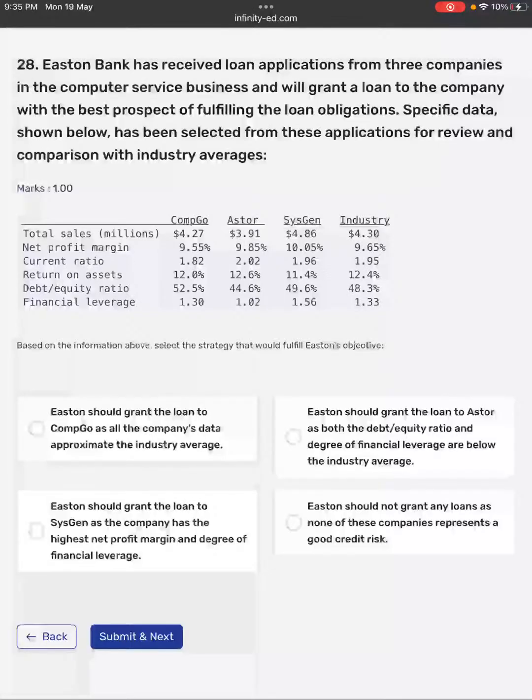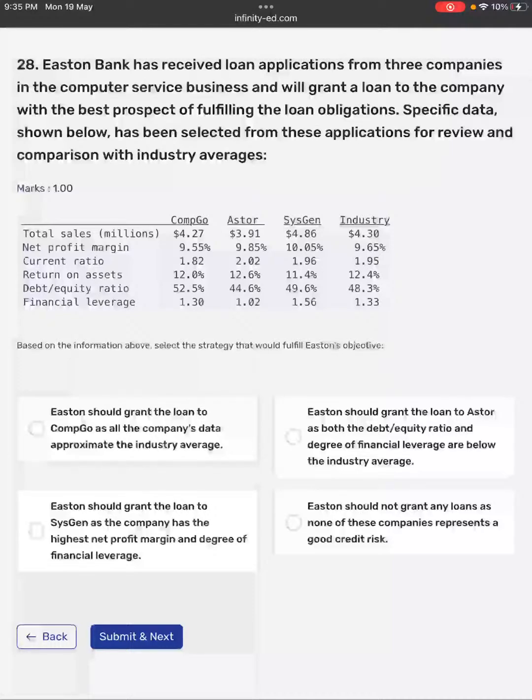Comgo: total sales is average, correct. Net profit is also correct, not much different. Current ratio is quite lower compared to others. Return on assets is quite lower compared to Astor and Industry.